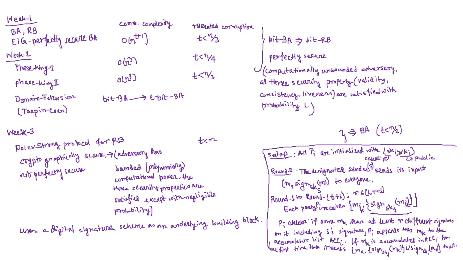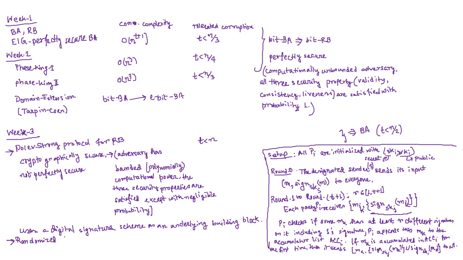Right. So as I was mentioning, in week 3 one topic was the Dole-Armstrong protocol for reliable broadcast, which is a cryptographically secure protocol with t less than n. Apart from that, there was also mention of a randomized Byzantine agreement protocol.